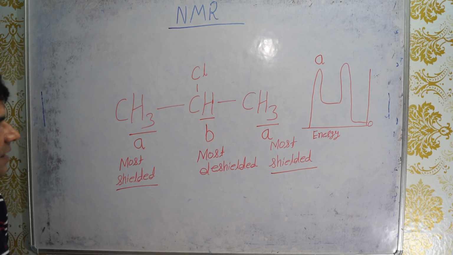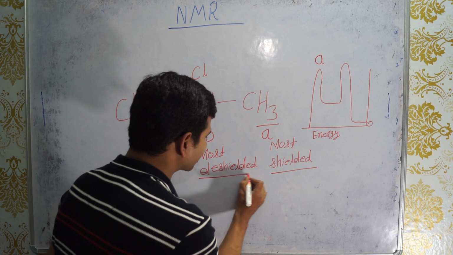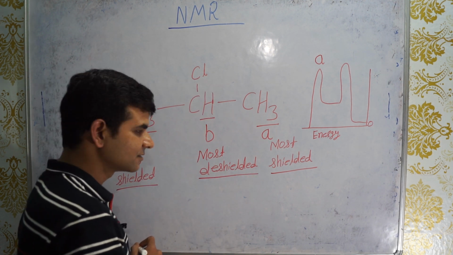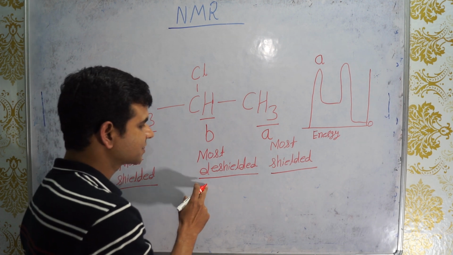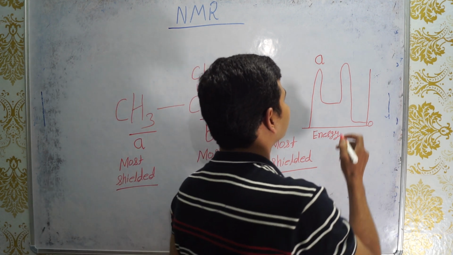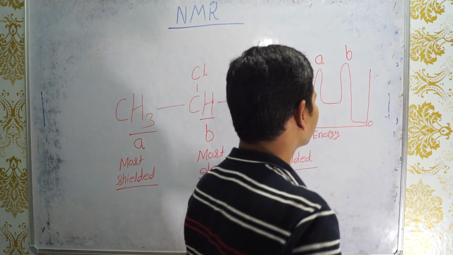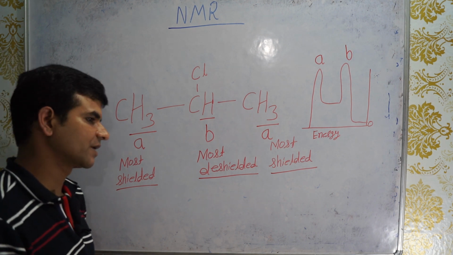We know the most deshielded hydrogen atoms take less energy to go into beta spin, and here type B hydrogen atoms are in the most deshielded form. Therefore, this peak will represent type B hydrogen atoms. That's all about 2-chloropropane.